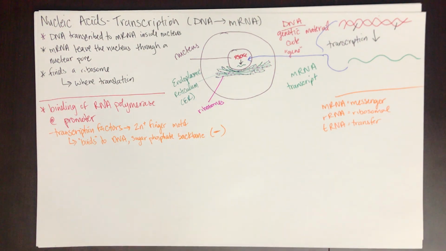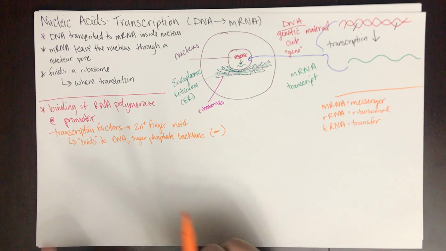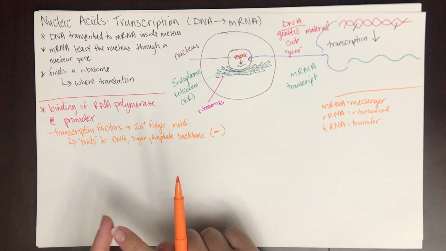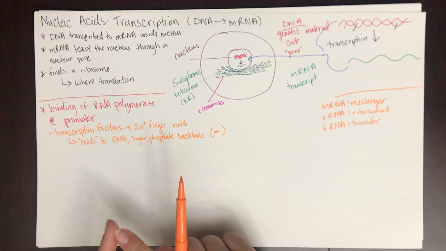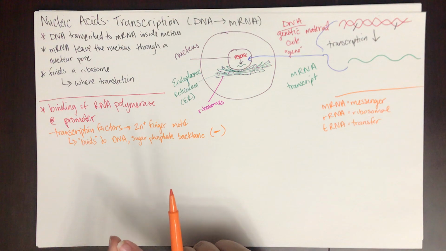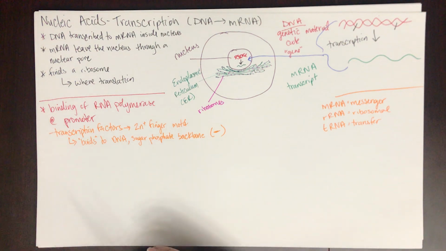So always be looking for examples of covalent and non-covalent interactions. So covalent interactions for DNA: the phosphodiester bond is covalent. Non-covalent would be the hydrogen bonds between the bases, the complementary base pairs. Those are hydrogen bonds, and this would be another example of a non-covalent interaction.